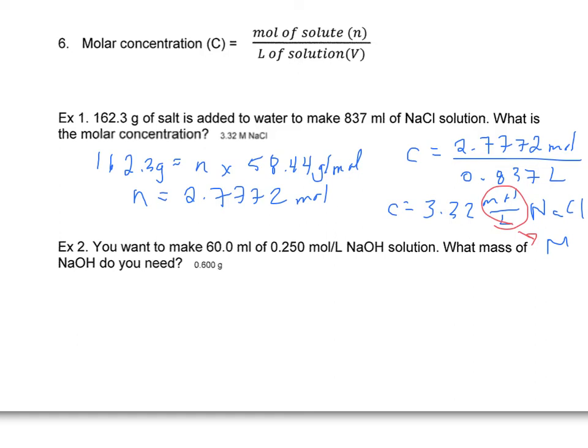Try out example number 2. Here we're asked to come up with a recipe to make a solution. Pause the video here until you get your answer.